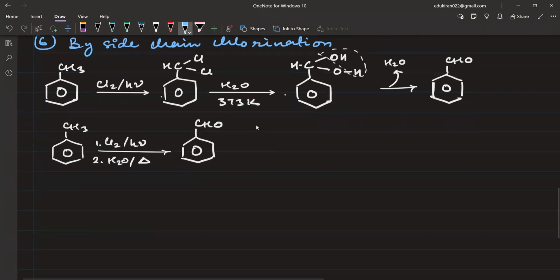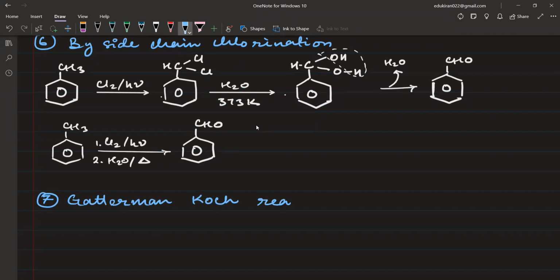After this, you will write the seventh reaction, the Gattermann-Koch reaction. In a Gattermann-Koch reaction, first of all, if you have seen any gutter, a gutter will have a hole with a handle of this shape, a benzene ring.